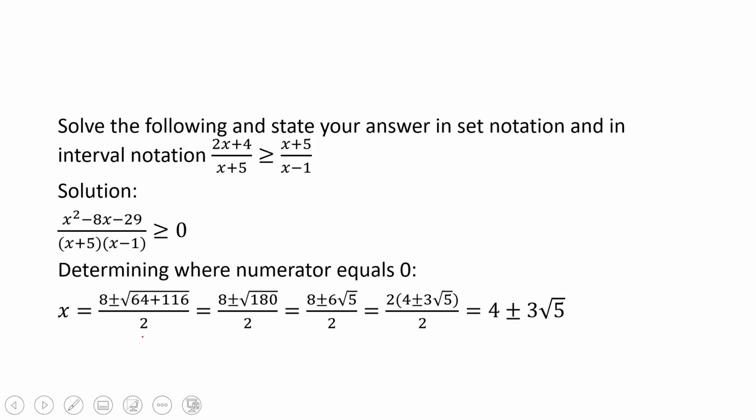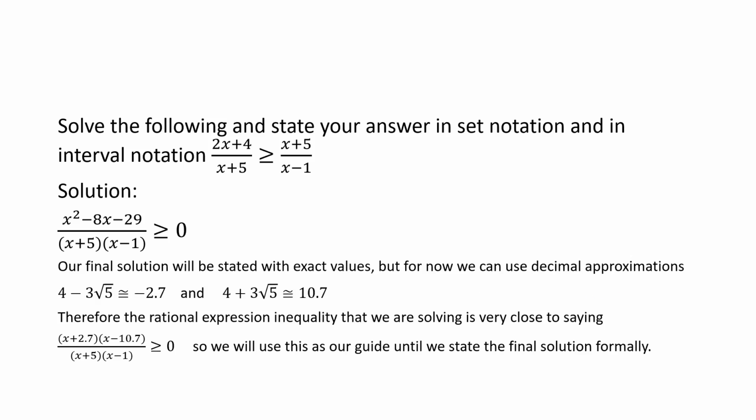So we determine the zeros of x squared minus 8x minus 29, and after simplifying, we end up with 4 plus or minus 3 root 5. Those values of x make the numerator equal 0. For interval testing, it's good to have decimal approximations, even though they won't show up in our final answer. 4 minus 3 root 5 is roughly -2.7, and 4 plus 3 root 5 is roughly 10.7.